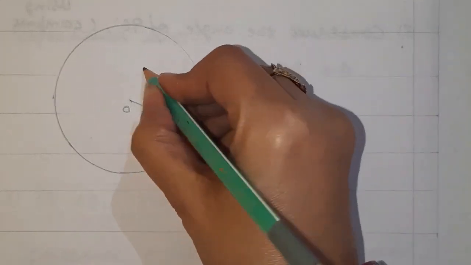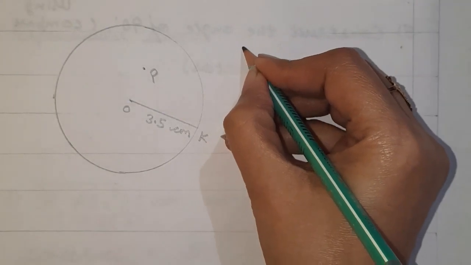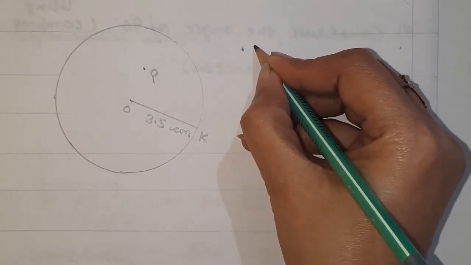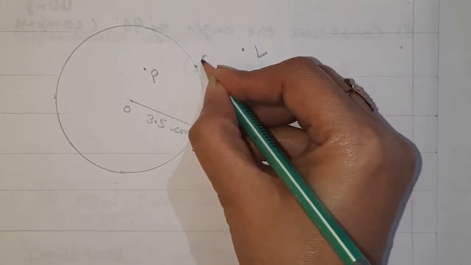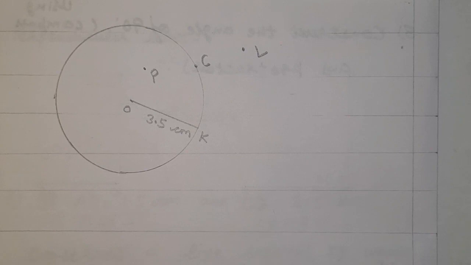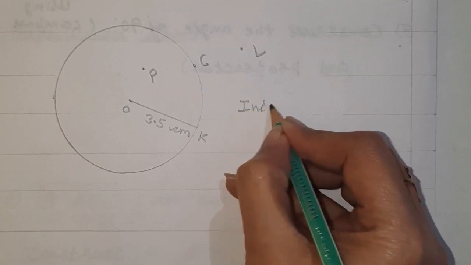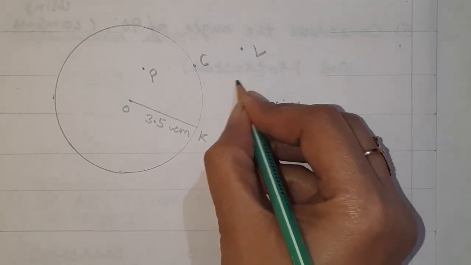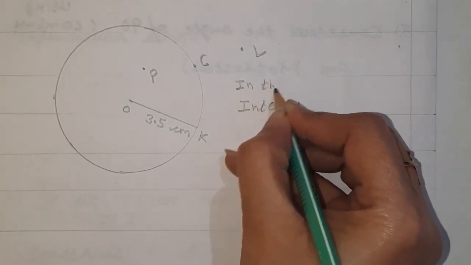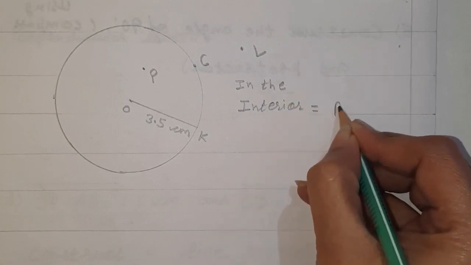One in the interior, in the exterior, on the circle. Got it? So write down here interior point, or you can write down in the form of question, in the interior, P point.